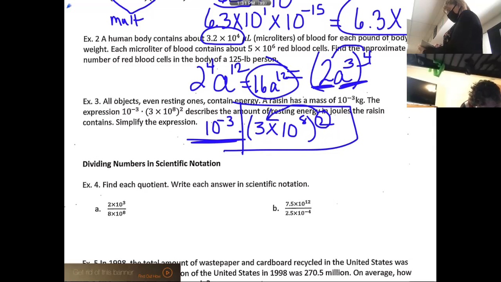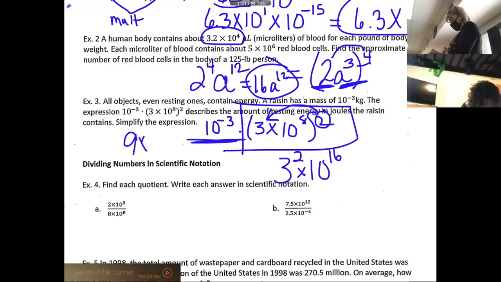Let's put it by the 3, so we have 3 to the second. Cooper, where else should I put the power? Times it by 8. So we have 3 to the second, which is what? 9. So we have 9 times 10 to the 16th power times 10 to the negative third. So now what do I do to simplify?